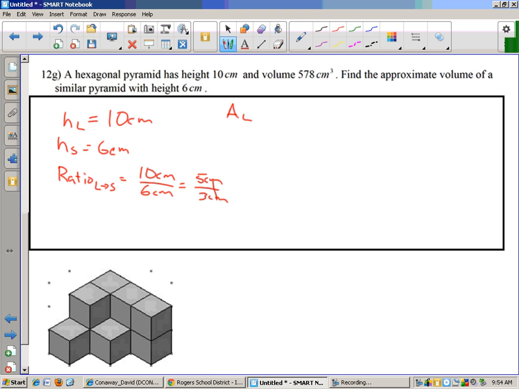The area of the large one and the area of the small one. So the area of the large one is going to equal 5/3 squared the area of the small one. This is our scale factor. And the volume of the large one is going to be equal to 5/3 cubed the volume of the small one.